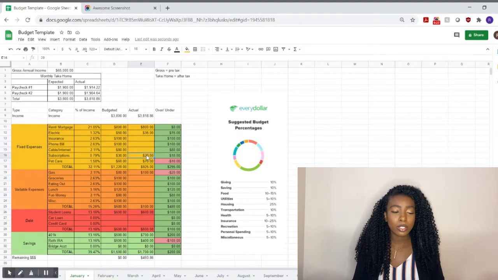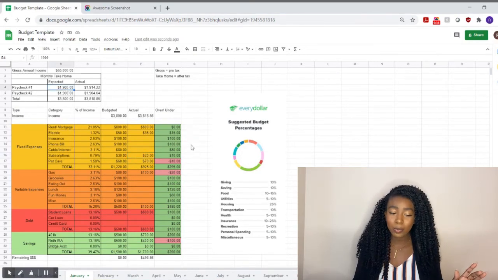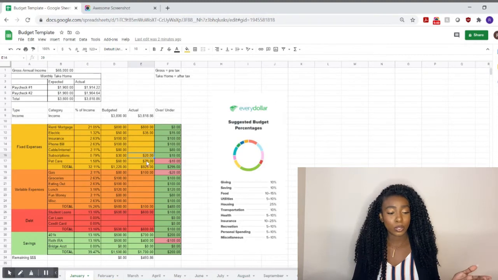What I do love to do is take a few of these line items and cash them out of my account, because if I do not see my account at, let's say, my paycheck value, and I see only $20 or $30 that's left for lunch throughout the week, then I do not want to spend too much money because I look and I don't have any, which is great.